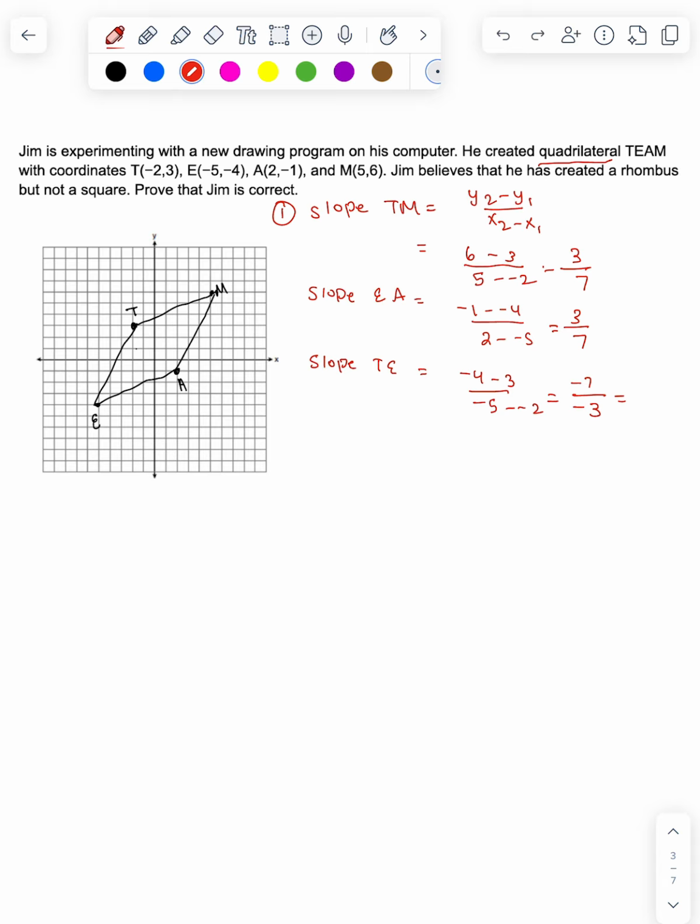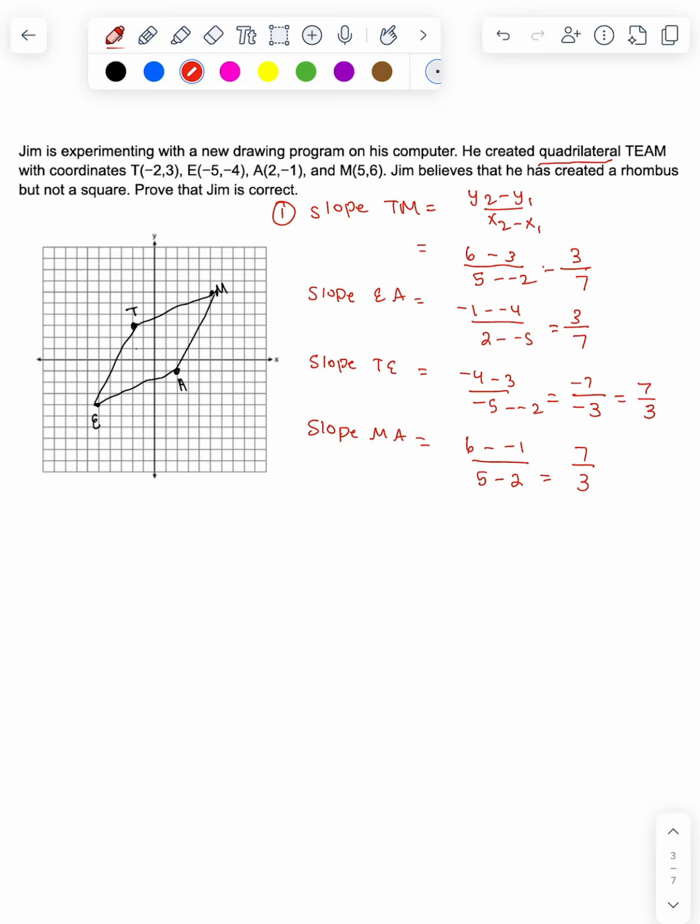Oops, negative over a negative is a positive. There we go. And now when I find the slope of MA, it should work out to be the same as TE. So I'm expecting it to be 7 over 3. Let's see if it actually is or if I made a mistake. And it works out to be the same.